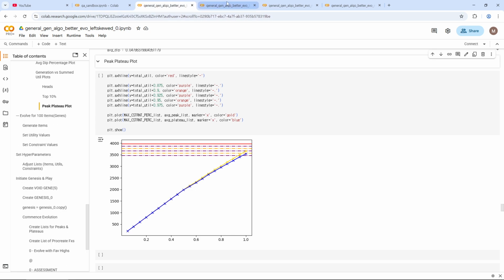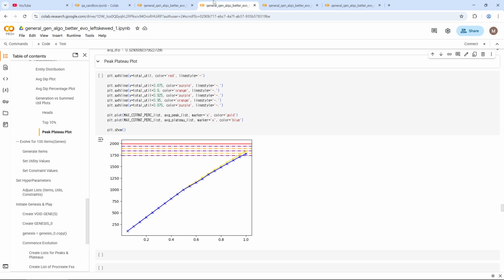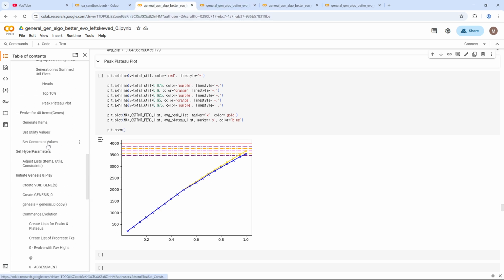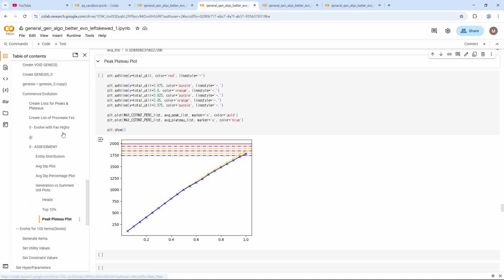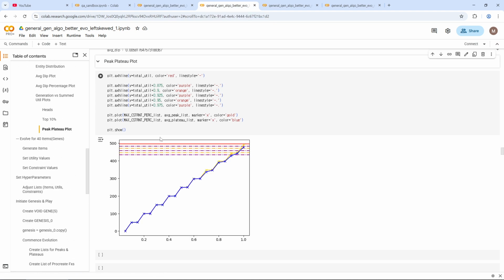Like, spot the difference there. This is just tiny movements. Other than that, it's the same thing. Yeah.